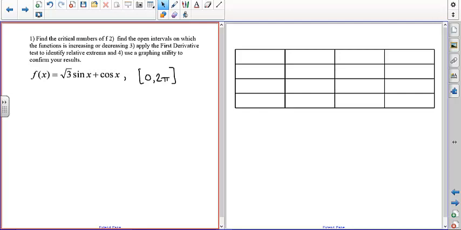Maybe the copier stopped in the middle of it. Okay, so I need 1, 2, 3, 4, 5, 6, 7, 8, 9.